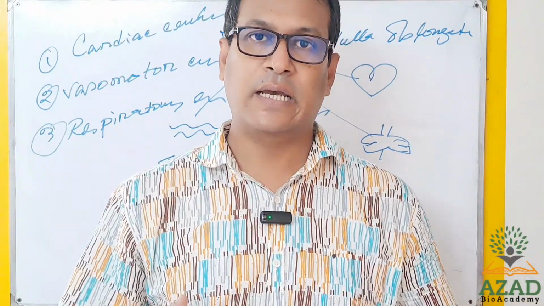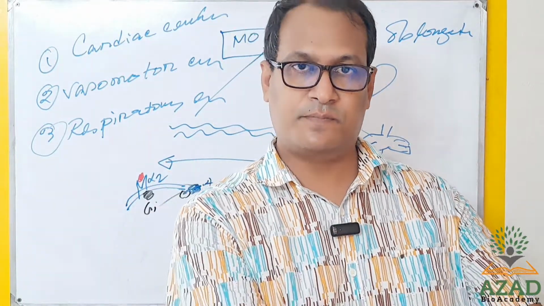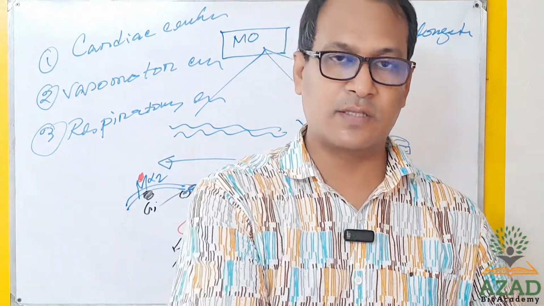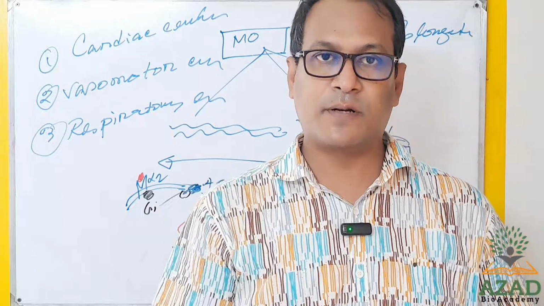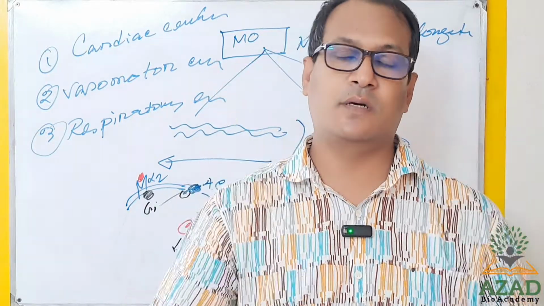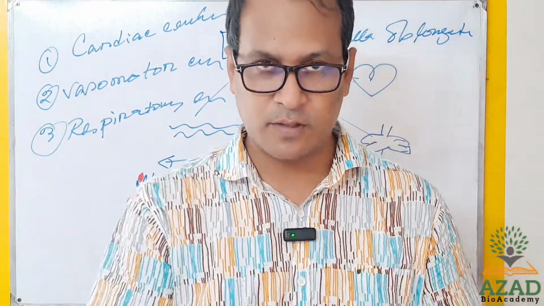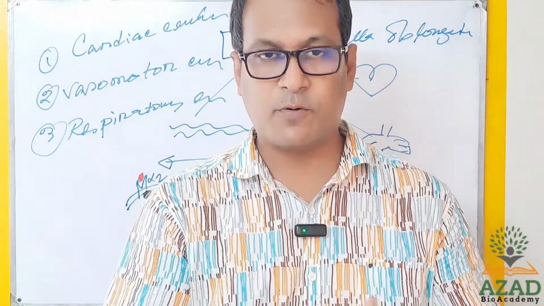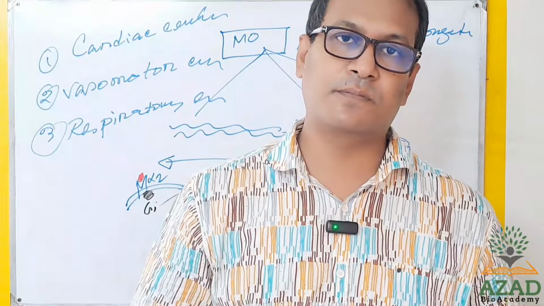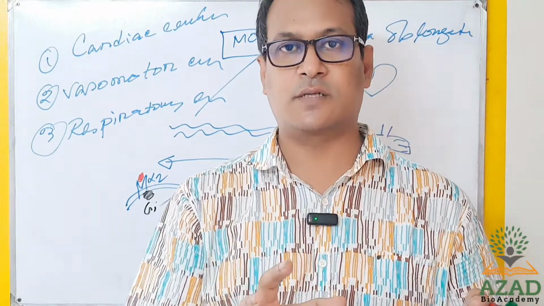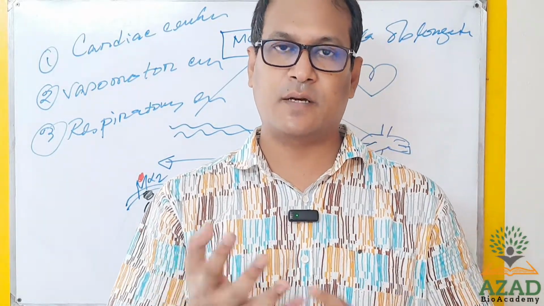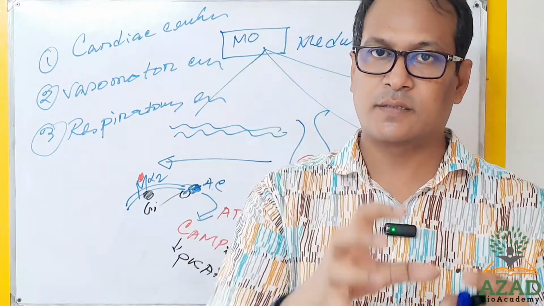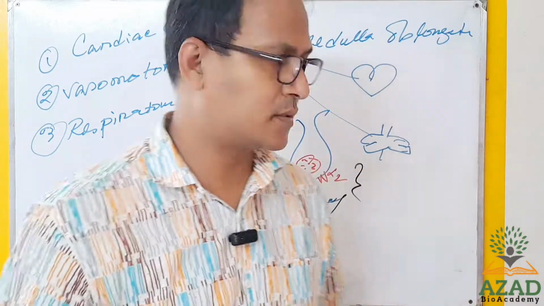This is not connected with the autonomic or peripheral nervous system, but within your brain. Suppose in the prefrontal cortex, the amygdala, or the hippocampus, different types of adrenergic receptors are present, because within your brain adrenaline or noradrenaline can also act. That is a different thing.